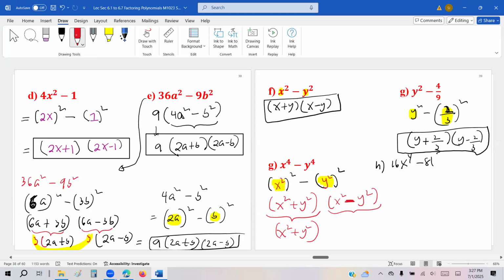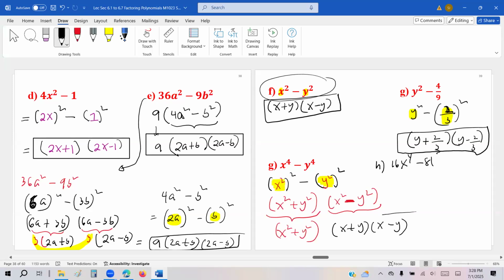But observe this one. x squared minus y squared. Can you factor that more? This is same as this one, right? So what two factors do we get? x plus y, x minus y. So instead of 2 factors, we actually have 3 factors.